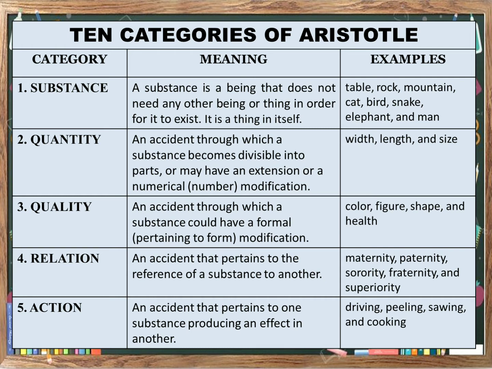First category is substance. A substance is a being that does not need any other being or thing in order for it to exist. It is a thing in itself. For examples, table, rock, mountain, cat, bird, snake, elephant, and man.